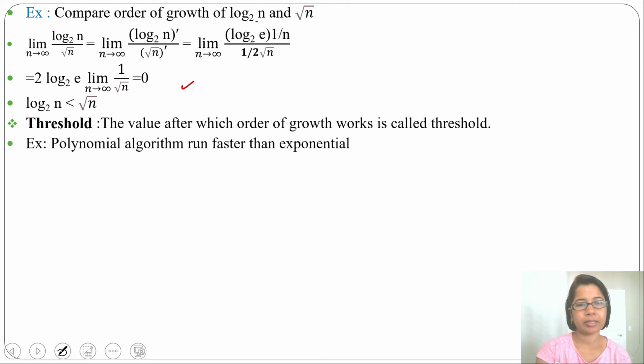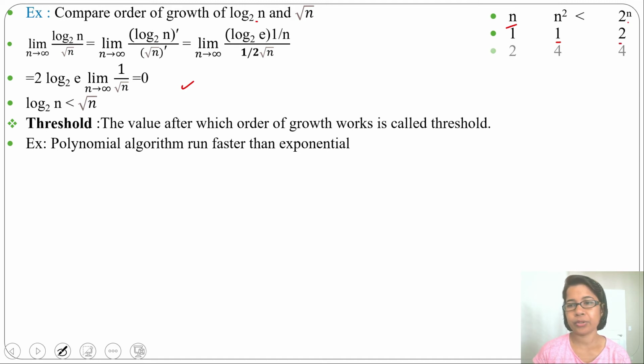Let's take one example. A polynomial algorithm runs faster than an exponential one, meaning the polynomial's order of growth is less than the exponential's. Let's compare one polynomial function and one exponential function. I consider n square and the exponential 2 power n. Let me take n equals 1. n square is 1 square, which is 1, and 2 power 1 is 2.